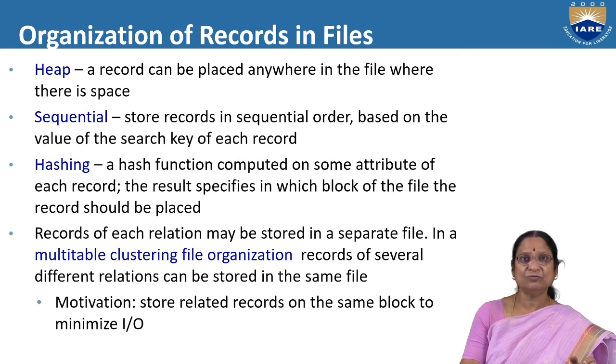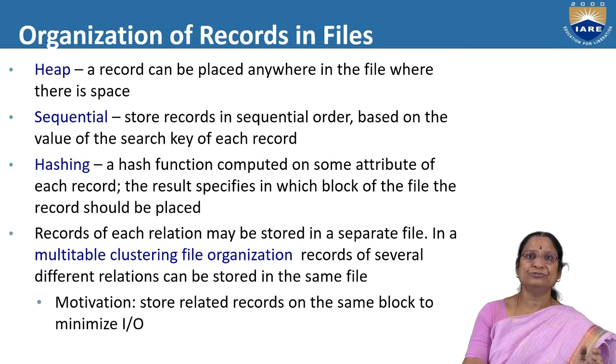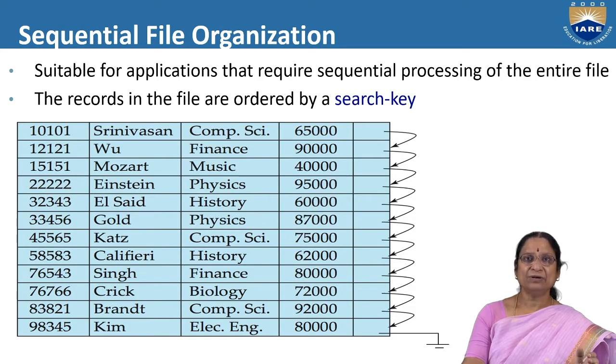These various kinds of techniques and approaches are available so that we can select as per our need. Once you understand all these techniques, selection of a technique to store our data will be very easy. So we'll discuss them one by one, a little bit briefly.